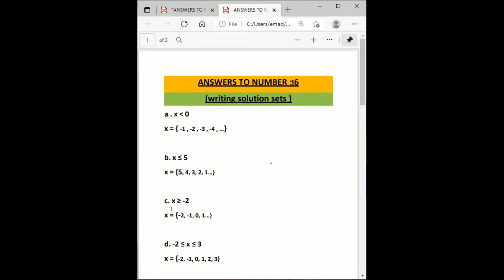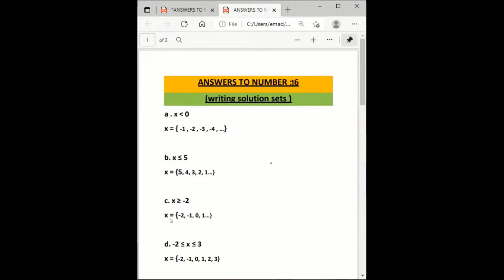So moving to the third number, we have x is greater than or equal to -2. As I've explained in B, since our symbol in between x and the -2 has a bar, we are going to include this -2 in our solution set.